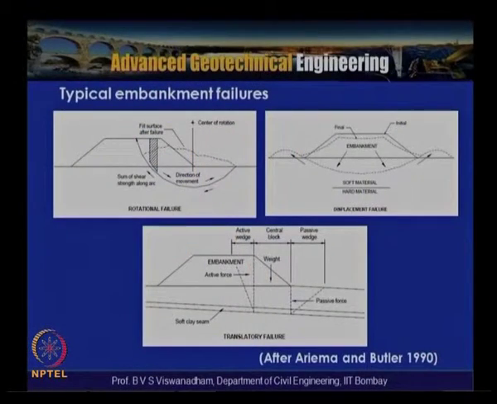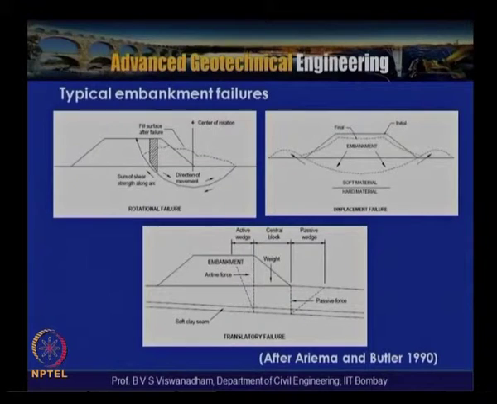Before going into the typical slope stabilization techniques, as we discussed, there are two types of slopes. One is natural slope, another is man-made slopes, and embankments fall in the man-made slopes category. In this slide, typical embankment failures are shown.